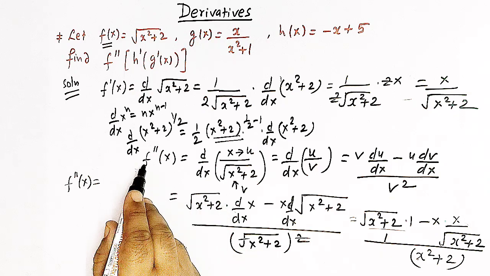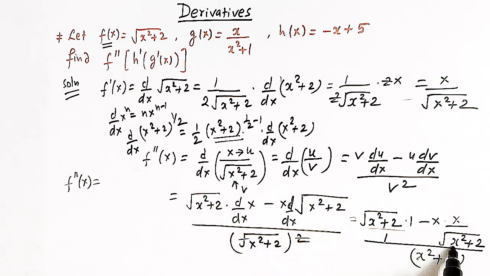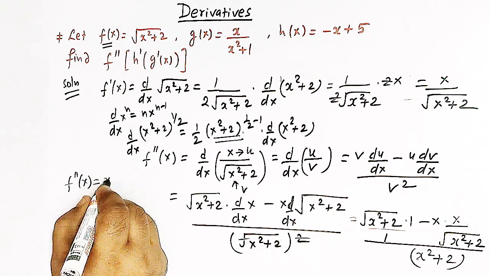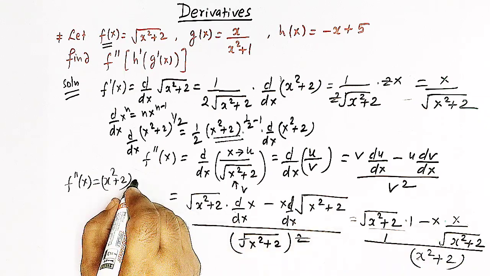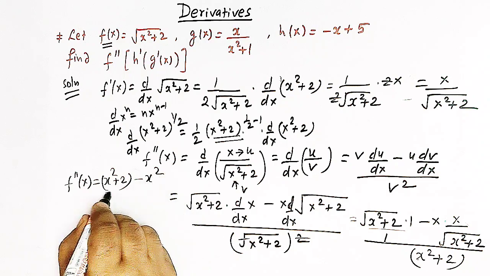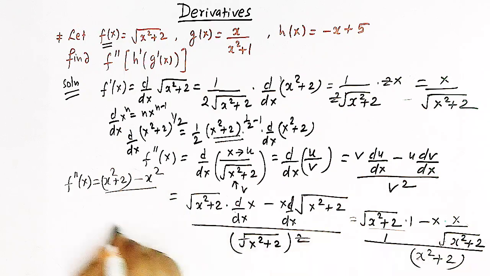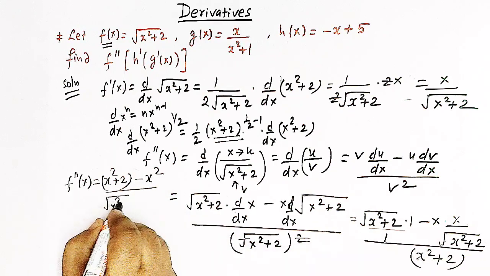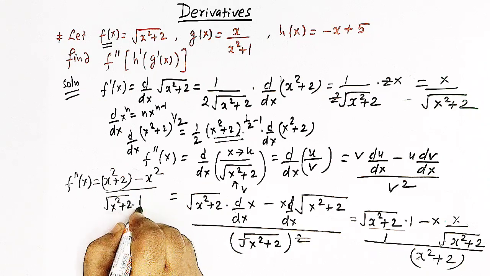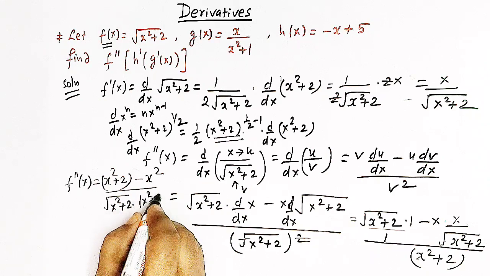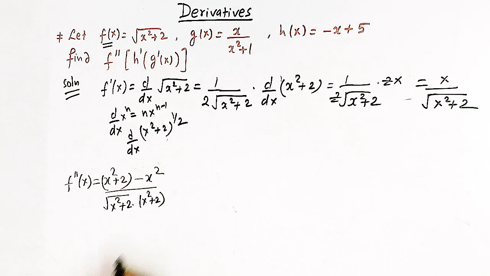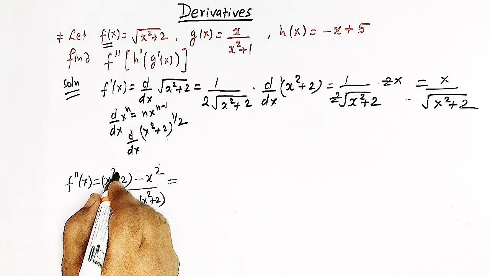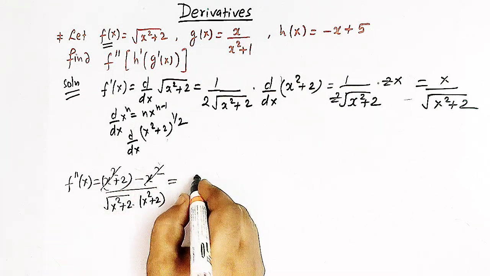So here we can take the LCM, and we can simplify this expression like this, that is f double prime of x is given by, we can multiply these two quantities, so we are left with only x square plus 2, and then we have minus x square divided by square root of x square plus 2 times x square plus 2. So now this x square and this x square get cancelled.